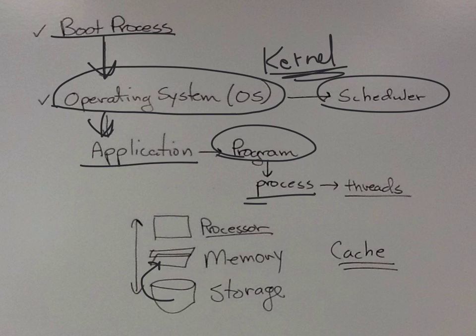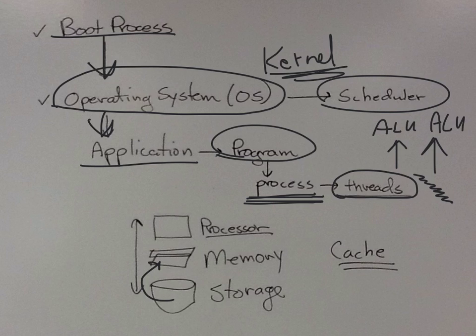We talked previously about how processes function by themselves, but now we have the ability to create threads from the process. So we can have a couple of threads. They share resources in memory and so forth, but they can be processed at the same time inside the processor, in the arithmetic logic unit.